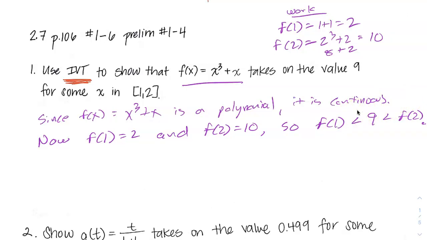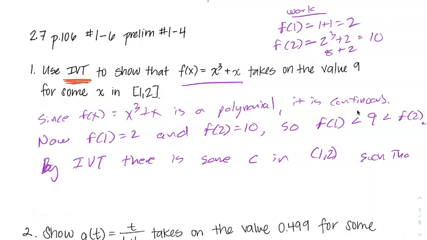So now we've got to say, by IVT, there is some c in the interval 1, 2, such that f of c equals 9, which is what we're trying to show.